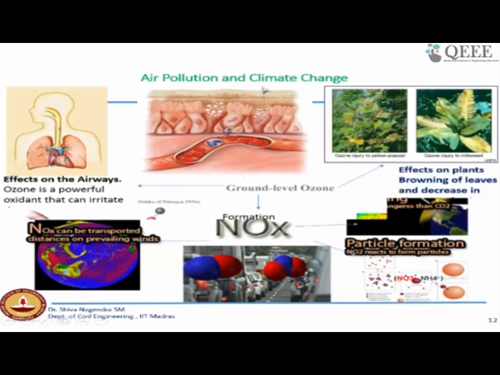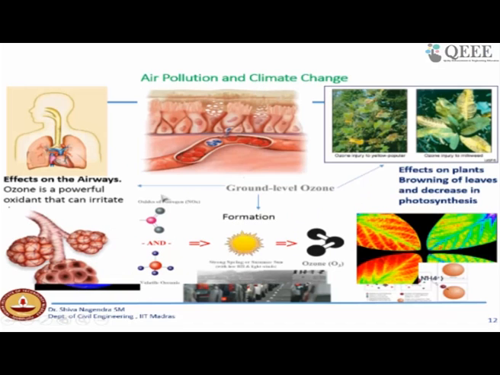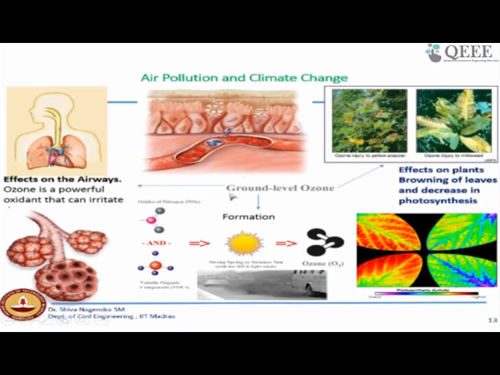Coming to impacts on health and vegetation. As you know, urban warming can result in more ozone formation, and that's why you will notice these days that more cities are showing an increase in ozone concentrations.